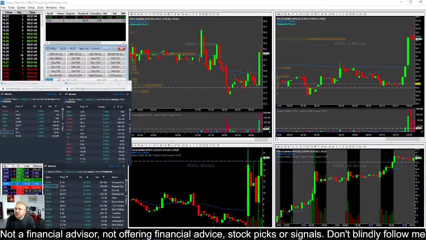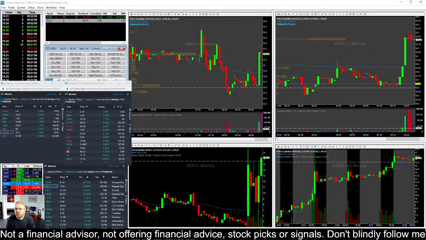VERU looking very strong right now. Pulling back slightly. Eight minutes to the bell, guys. This one is 25.